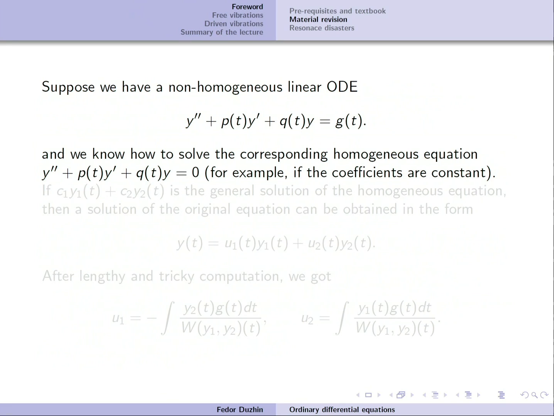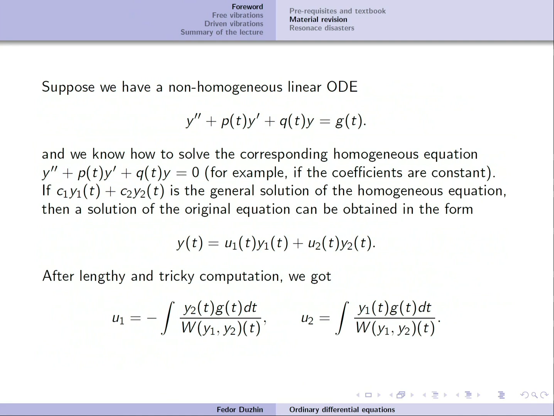Suppose that somehow we know the general solution of the corresponding homogeneous equation, then changing the two constants, C1 and C2, to variable parameters, that's why it's called variation of parameters, so changing constants to functions of t, we can find a particular solution of the corresponding non-homogeneous equation. It was a very lengthy and tricky computation, and in the end we got the specific formulas for how you can find U1 and U2.